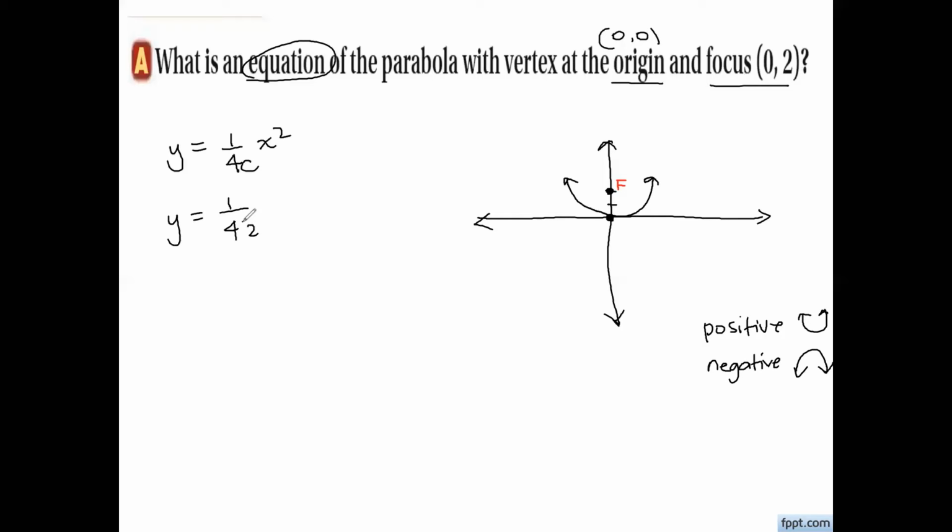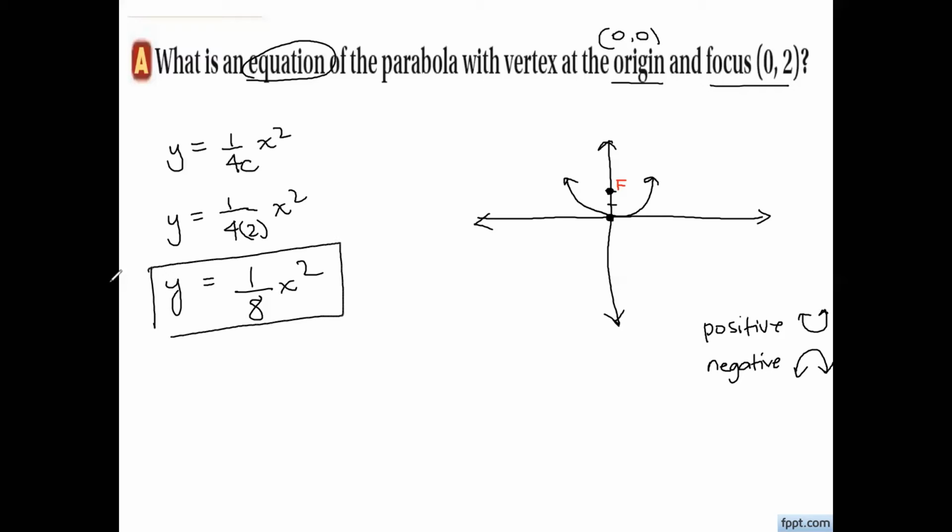So 4 times 2, x squared. Our equation is 1 over 8 times x squared, because 4 times 2 is 8, and we put that in the denominator. So the final answer is y equals 1 over 8 times x squared. This is for part A.